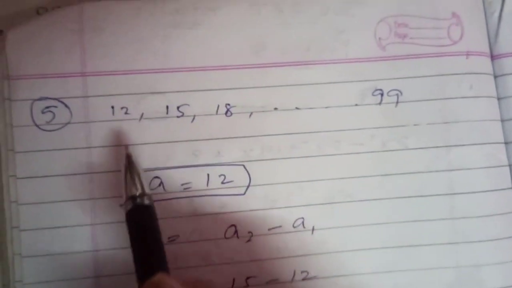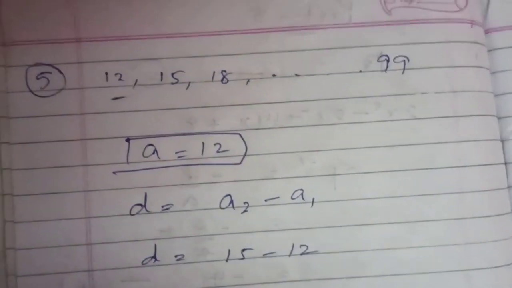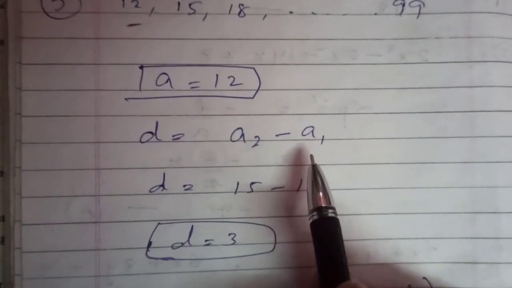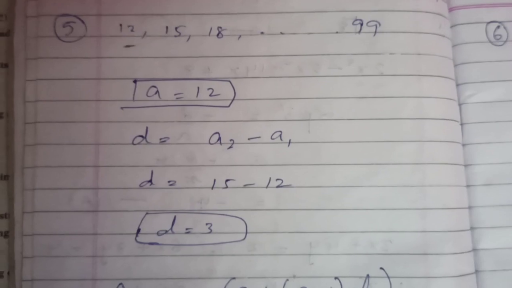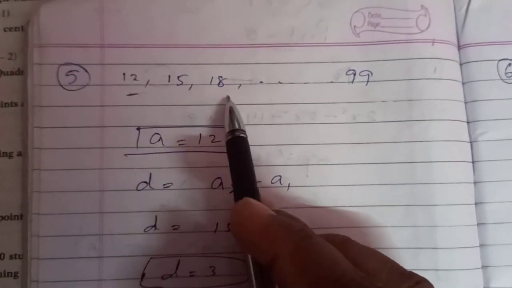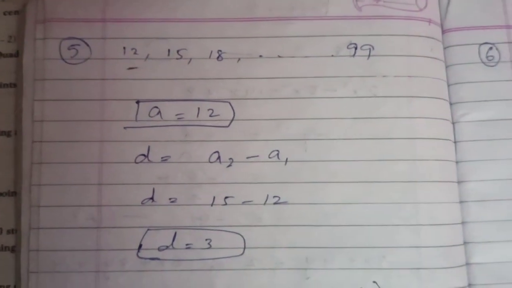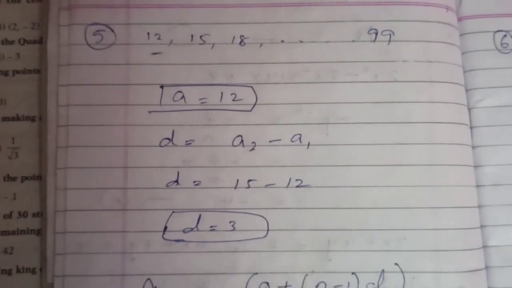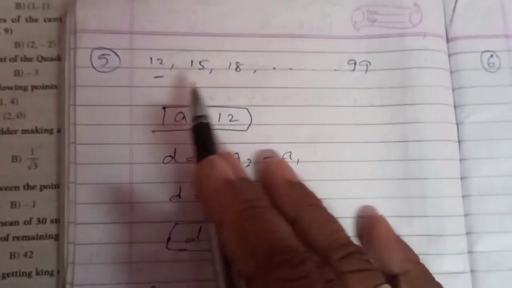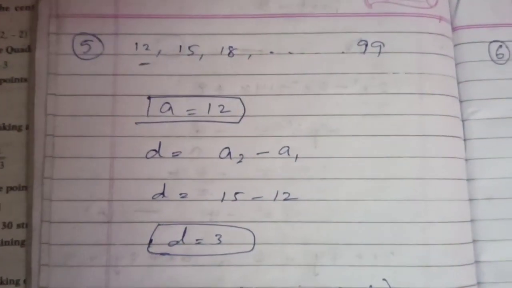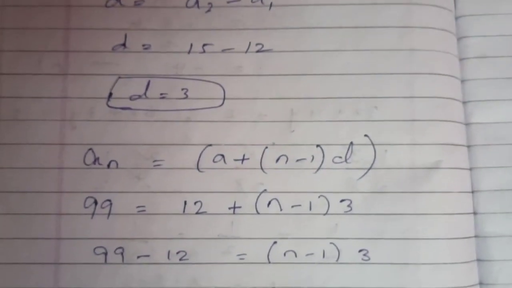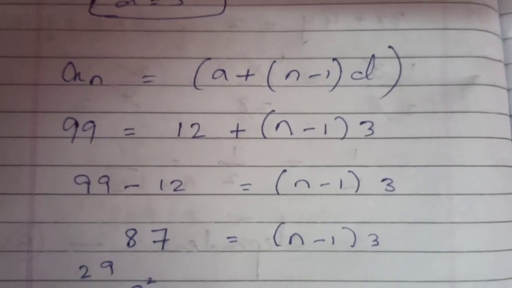So here, the first term a is 12. d is a2 minus a1, the common difference. So this is a1, a2, a3. 15 minus 12, d equals 3. Now we have to find how many numbers are between 12 and 99. So we have to use the nth term formula: an equals a plus n minus 1 into d.